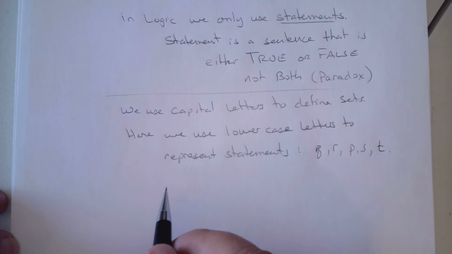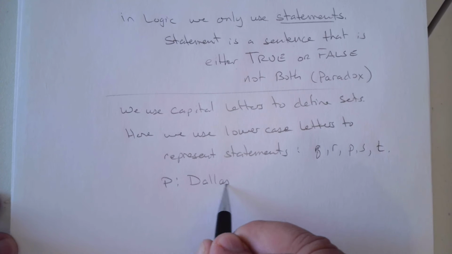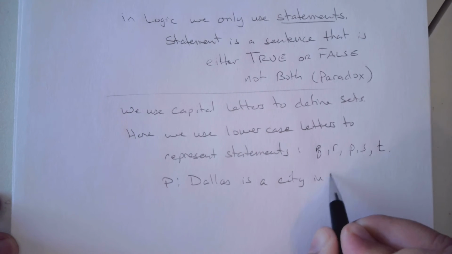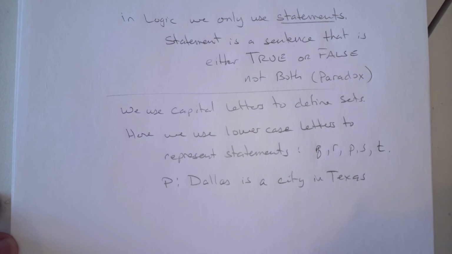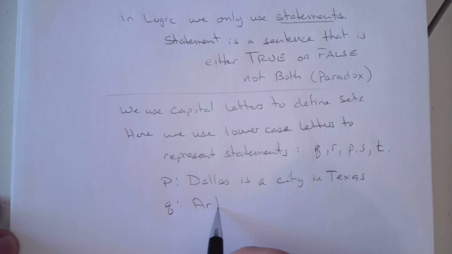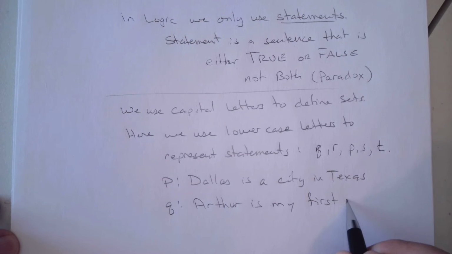Let's look at examples. Statement P: Dallas is a city in Texas. Q: Arthur is my first name.